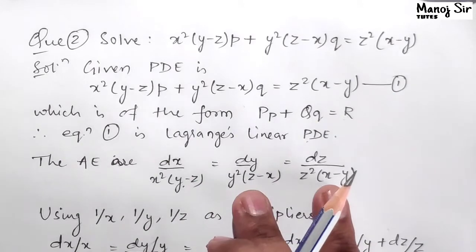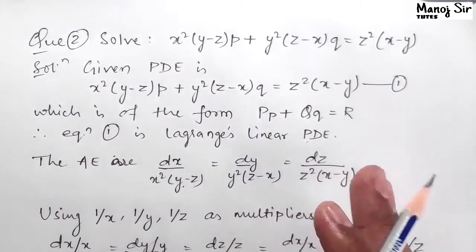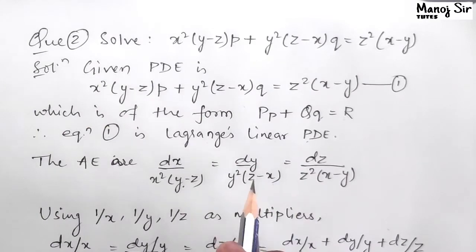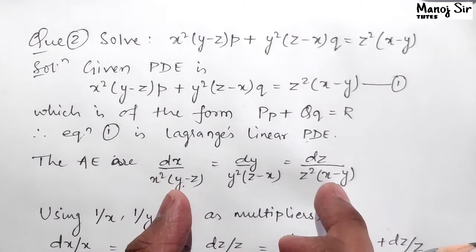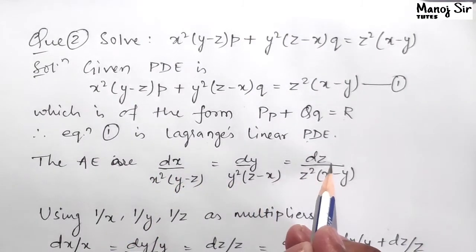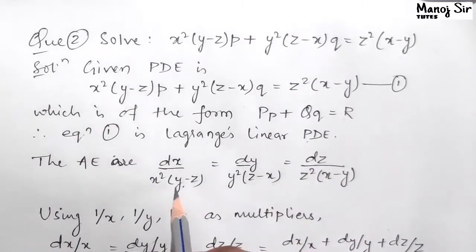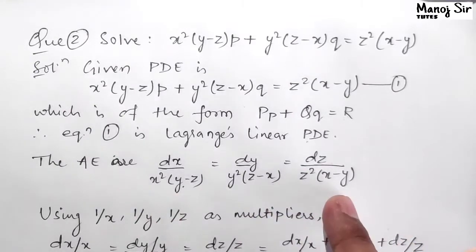If you come to the next two fractions, here we have dy and here we have dz, so we need to remove x, but we cannot take this x out of the equation. Again, if you take the first and third fractions, here we have dx and dz, so we need to eliminate y, but we cannot eliminate this y.